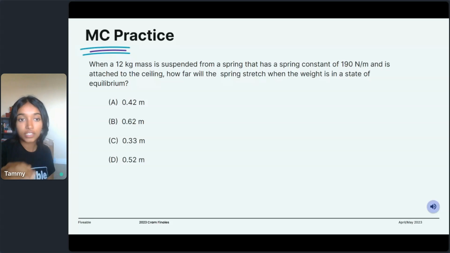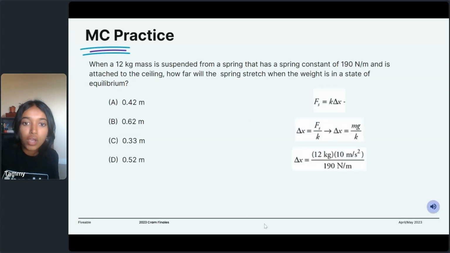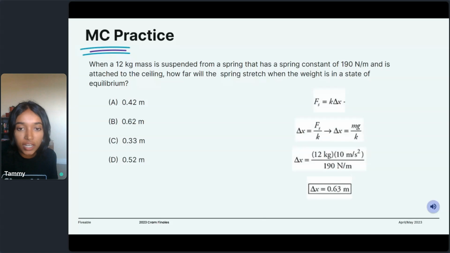Okay, so let's go through it. I see a lot of B's, so that's good because that's the right answer. Let's move to the transitions. So we have our Hooke's formula, K times X displacement. We're just going to isolate the displacement because we're asked for how far will the spring stretch when the weight is in a state of equilibrium.